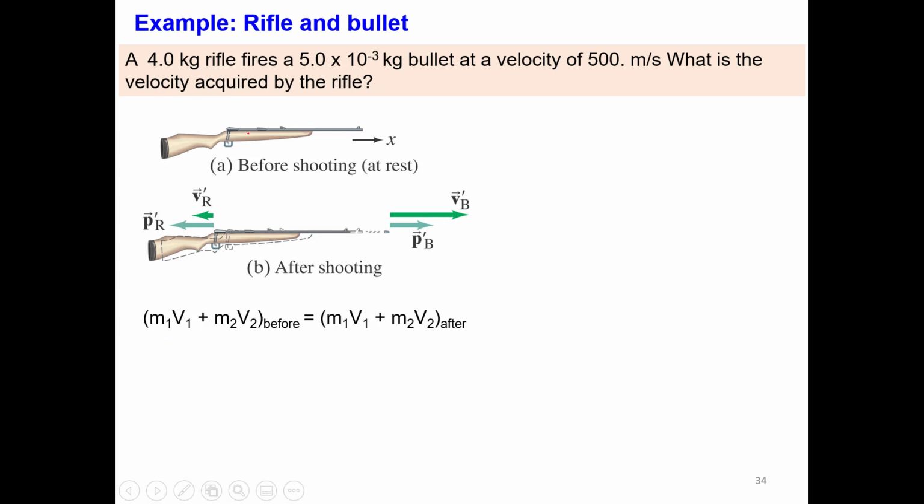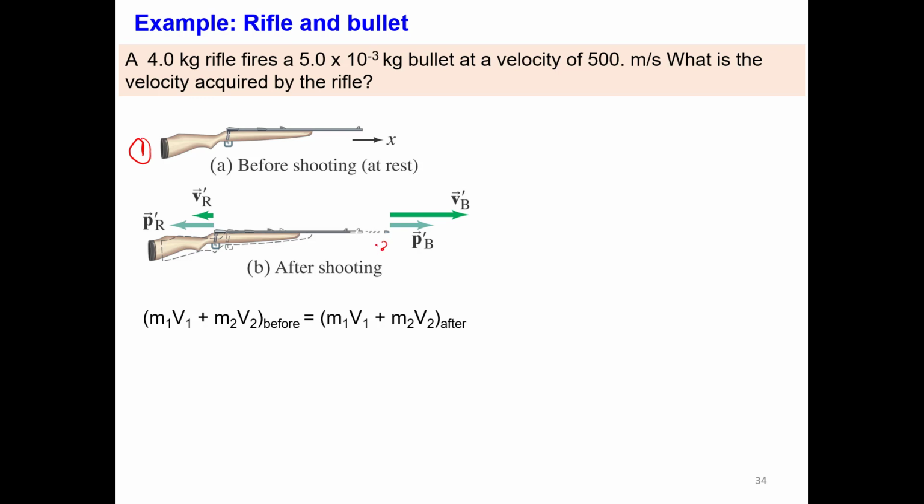Then this is the situation we had. This happened before shooting. This is during shooting, and this is just after shooting. What happened is the velocity of the bullet is this one, but we want to know the recoil velocity of the rifle. And we want to start with this equation. We can say 1 is for the rifle and 2 is for the bullet.